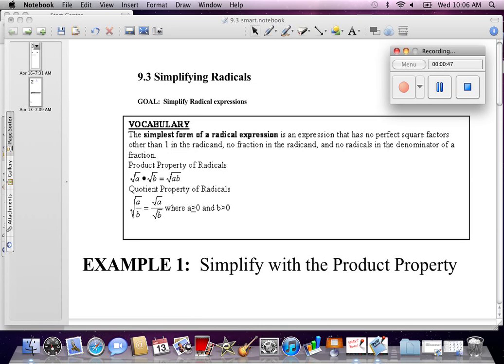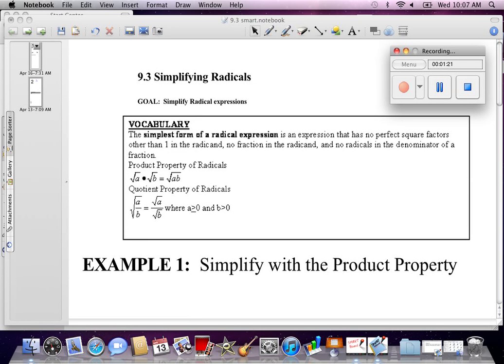So what we're doing today, ladies and gentlemen, is dealing with a lot of things with perfect squares. You would want to write this at the top of your paper. Perfect squares: 1 times 1 is 1. 2 times 2 is 4. 3 times 3 is 9. 4 times 4 is 16. 5 times 5 is 25. 6 times 6 is 36. 7 times 7 is 49. 8 times 8 is 64. 9 times 9 is 81. 10 times 10 is 100. 11 times 11 is 121.